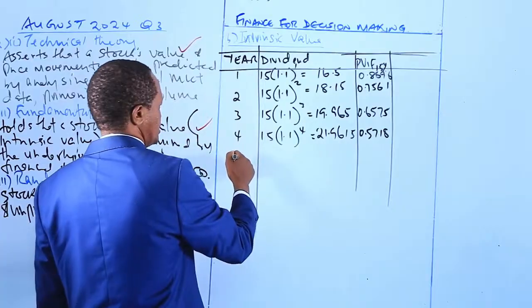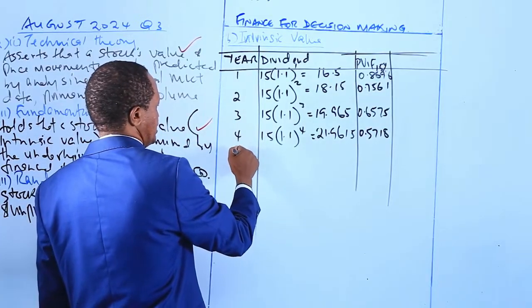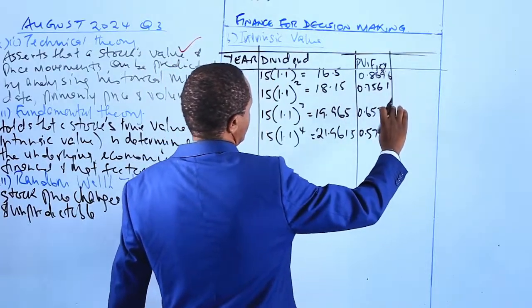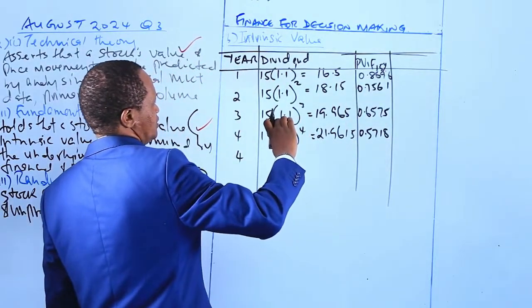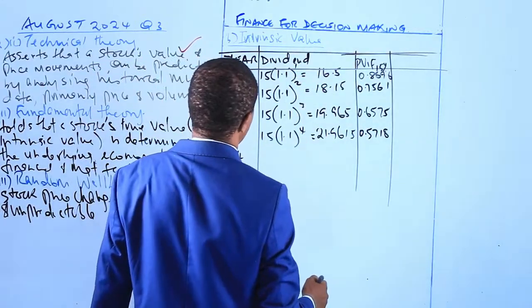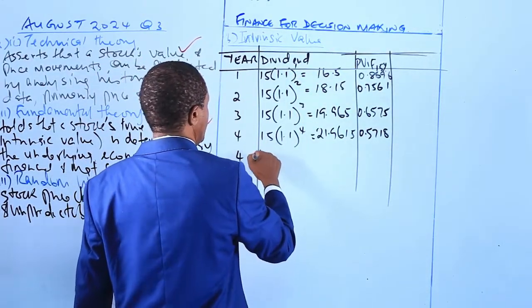Then you recall, candidates, in year 4, apart from this dividend growing, we also need to discount the value of the dividend P0.